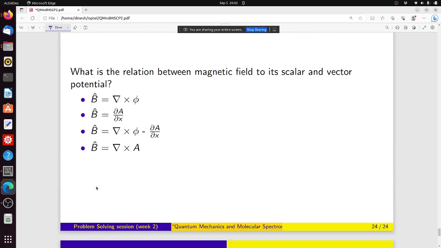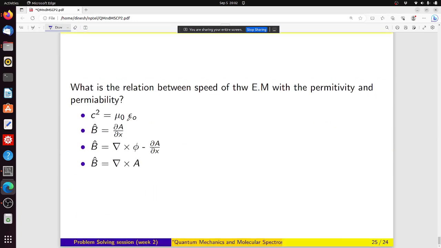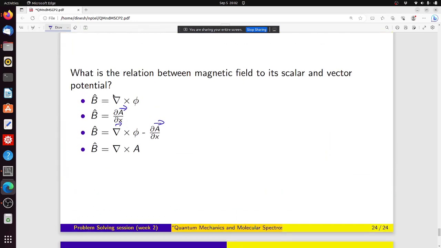Moving on to the next question, what is the relation between the magnetic field and the potentials? This is the last question on this. What is the relation? It's simple, right? The curl of the vector potential will give you the magnetic field. It was taught in week 2.